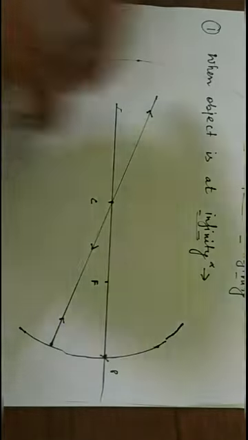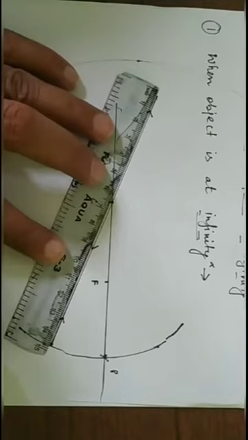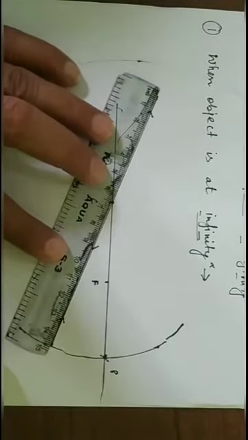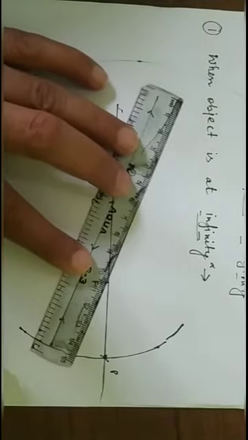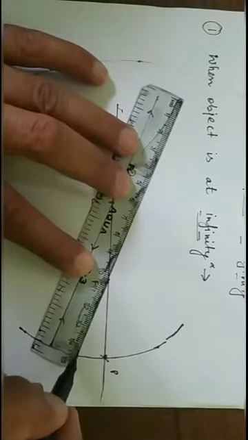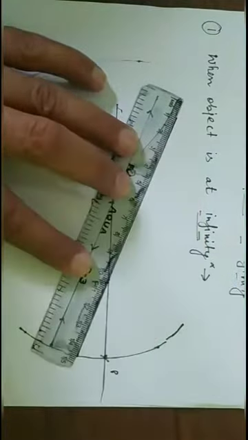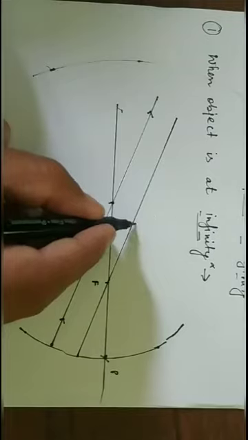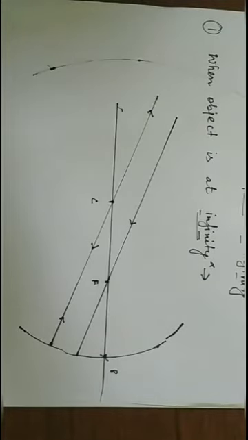Now the second ray. As the object is at infinity, we have parallel lines. So I draw a ray which is passing through the principal focus. This is our second incident ray. Any ray which is passing through the principal focus will become parallel to the principal axis.